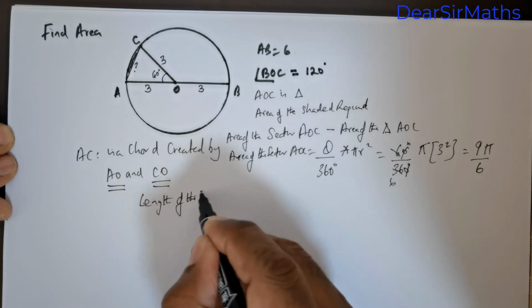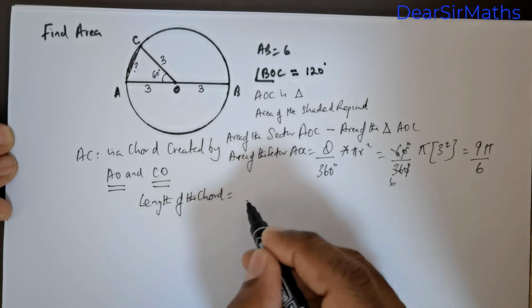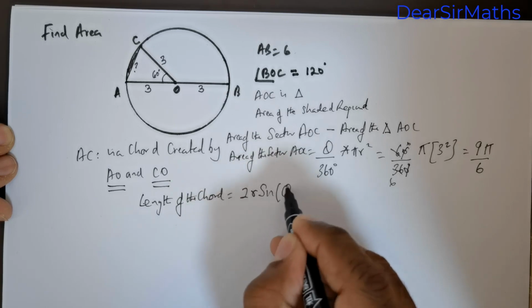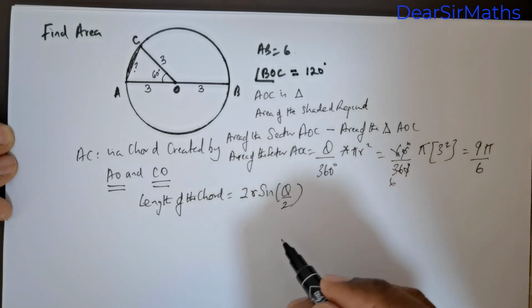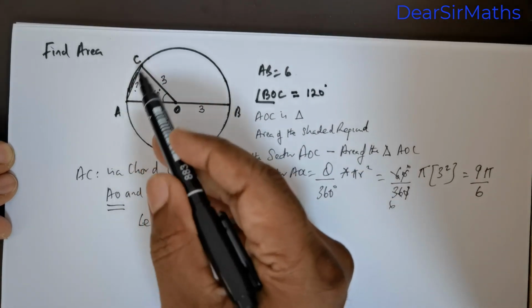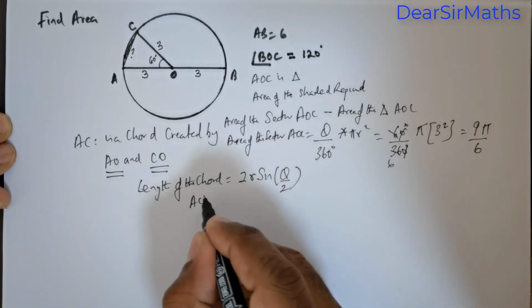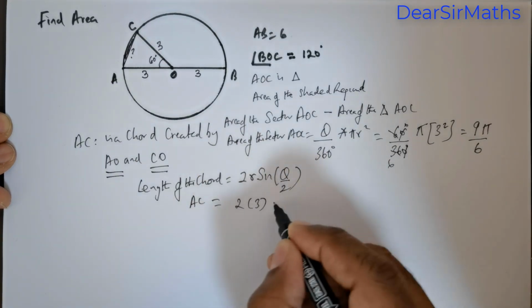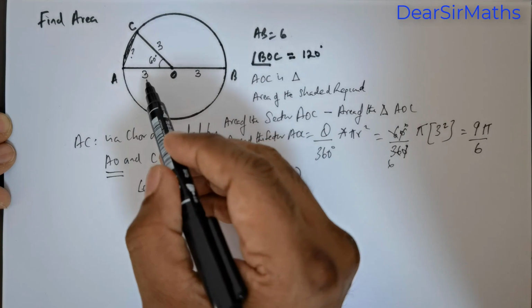length of the chord is given by 2 times R sine of theta divided by 2. So if I want to get the length of AC, AC is going to be 2 times, my R is 3 units, sine of theta.